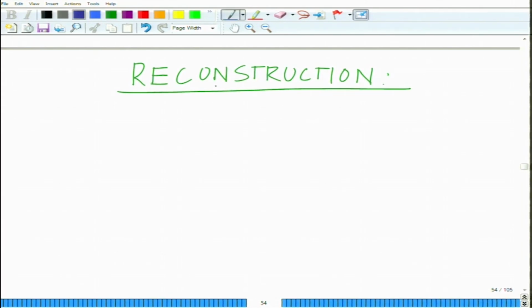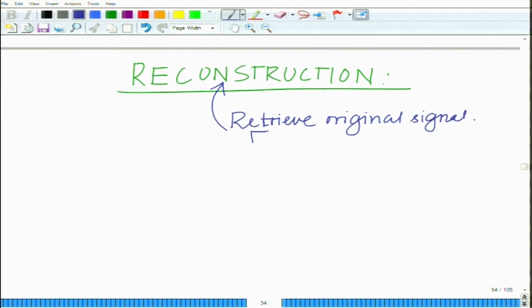By reconstruction we mean basically retrieve the original signal from the sample. So, how do you retrieve the original signal from the sampled signal?